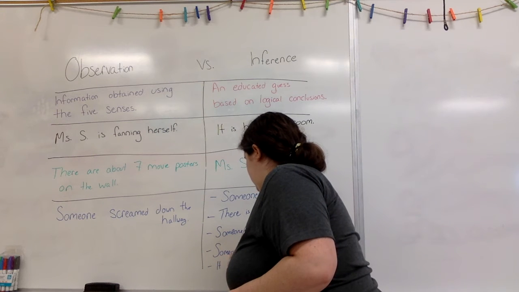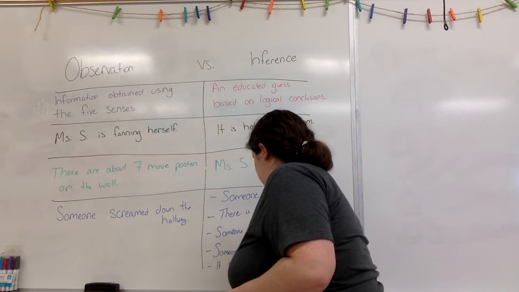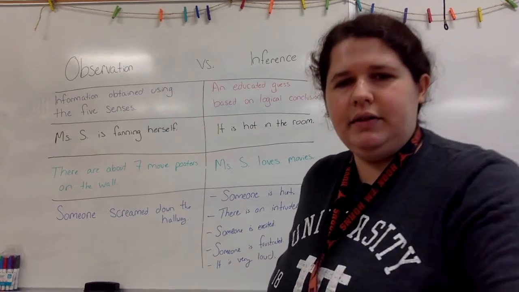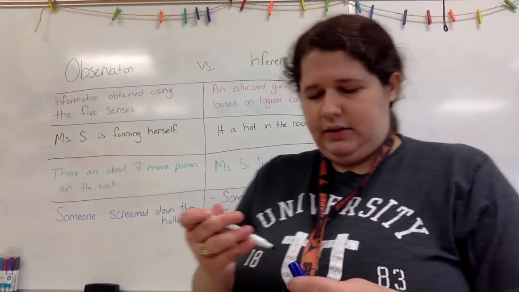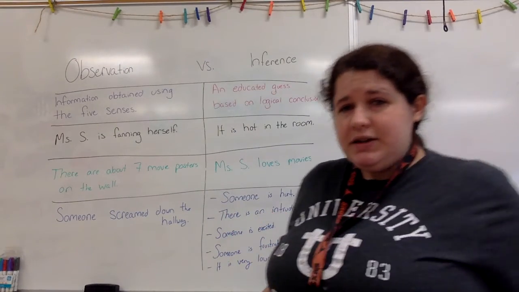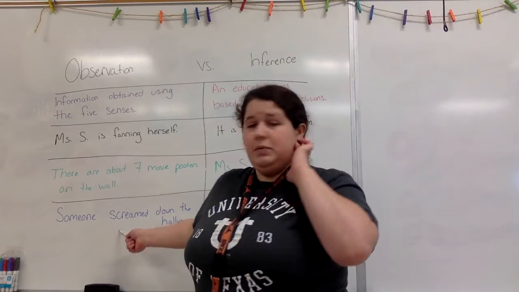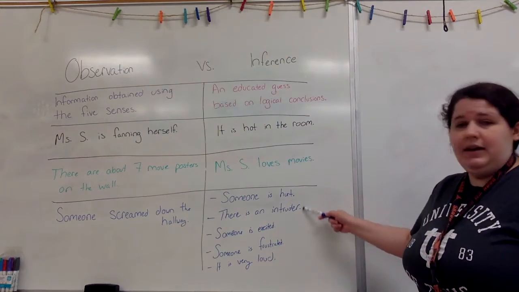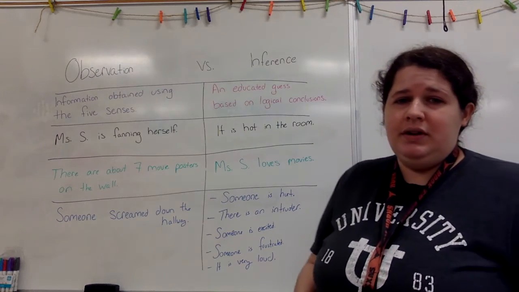Or it is very loud. All right, so there are lots of different things that could cause somebody to scream, okay? So the observation, I hear someone screamed. My inference or my educated guess could be any one of these, or it could be something totally different.